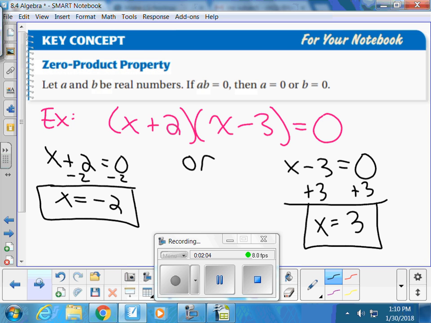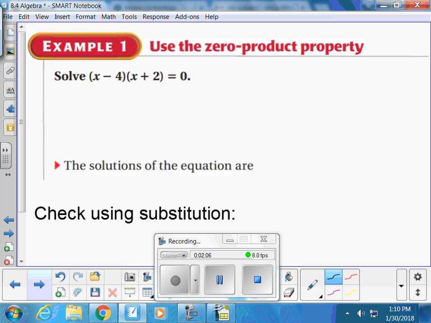All right. Let's look at this one. We know that x minus 4 is being multiplied by x plus 2, and that product is 0. So that allows us to conclude that x minus 4 equals 0, or x plus 2 equals 0. What would be the solution to this part of the equation?